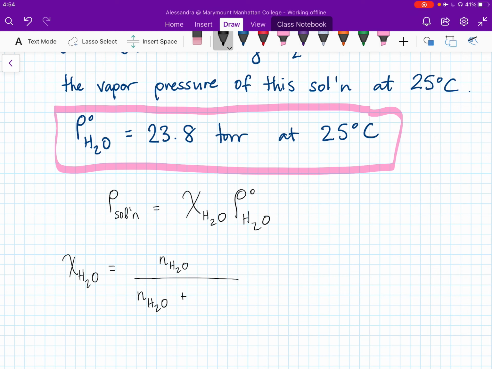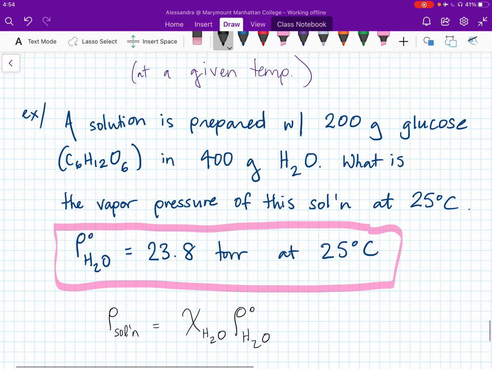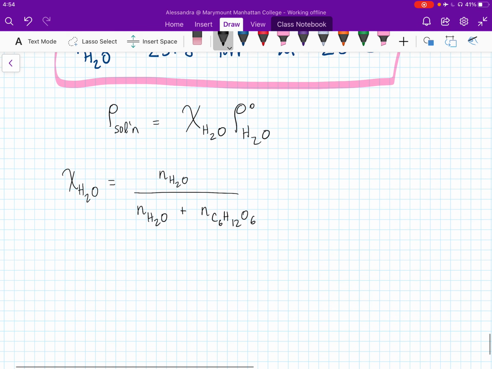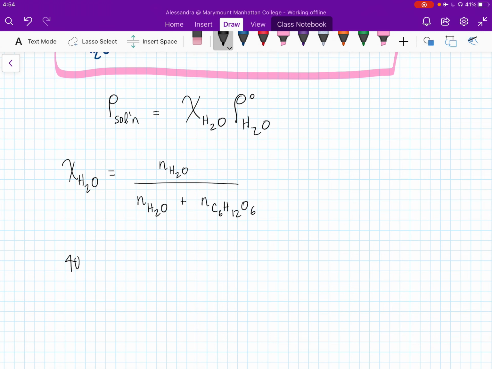And I have water and glucose. So I'm going to be adding the number of moles of water plus the number of moles of glucose, which is C6H12O6. Now, I had 200 grams of glucose and 400 grams of water, so I need to do mole-gram conversions for each of those quantities. I have 400 grams of water, and I'm going to multiply that by the reciprocal of the molecular weight of water, which is going to give me about 22.2 moles of H2O.